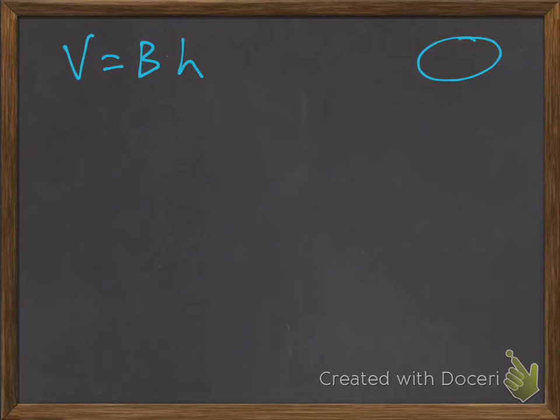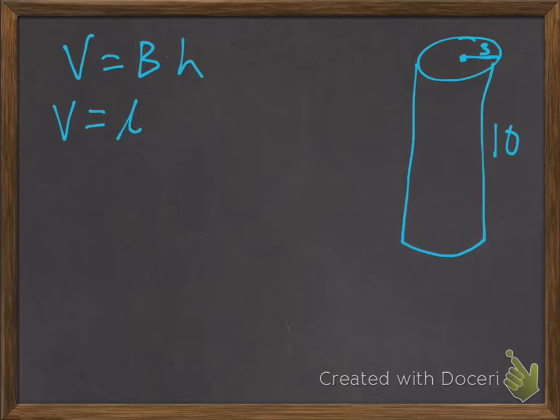So let's say we have, we'll make this 3 and this 10. So, area of the base is going to be pi r squared times height of the cylinder.